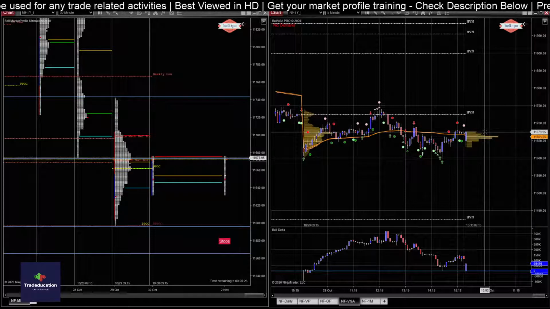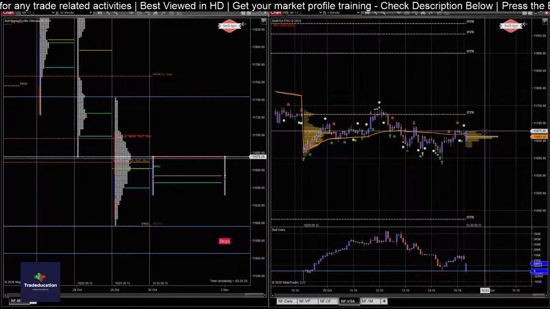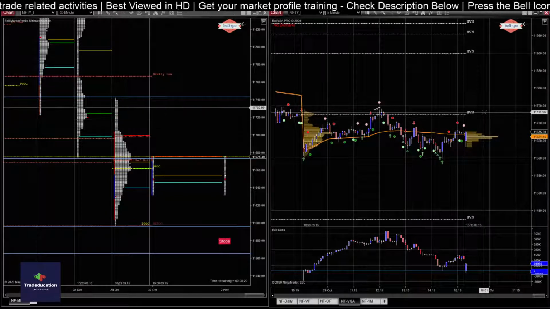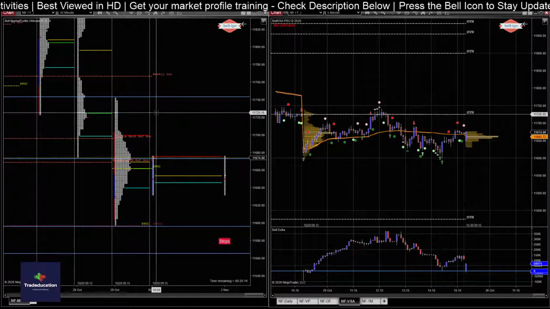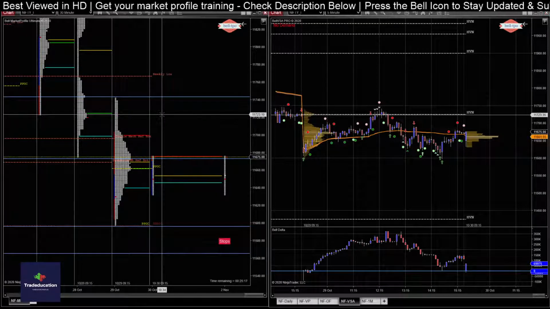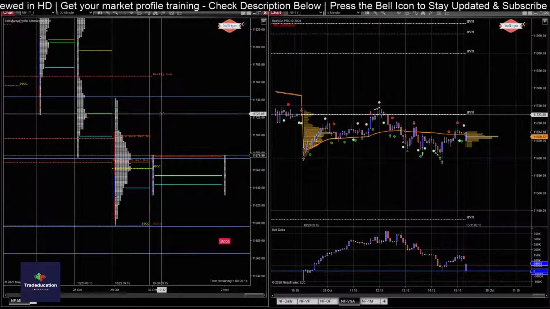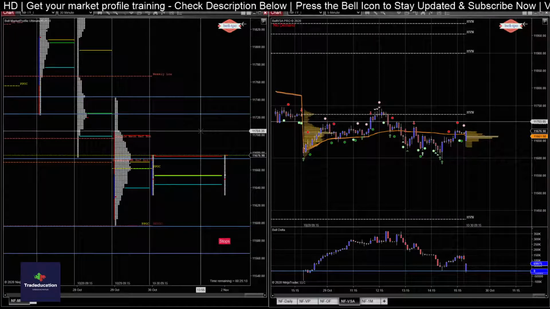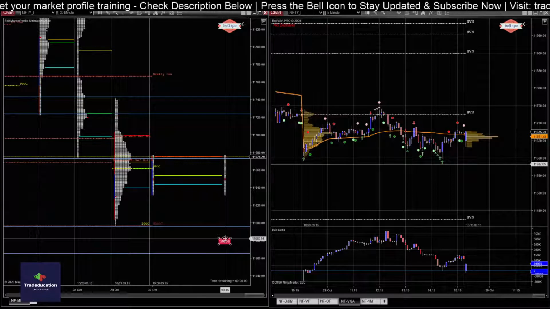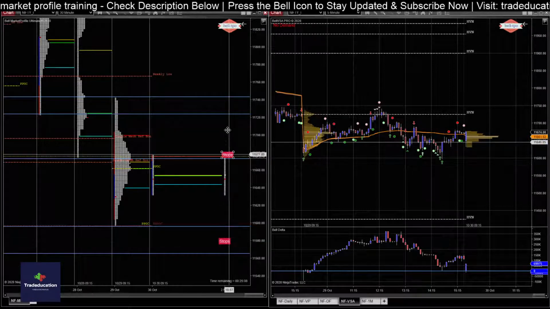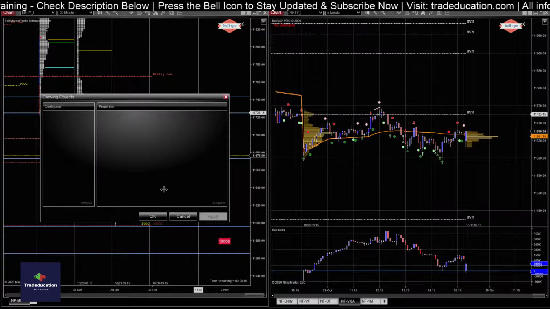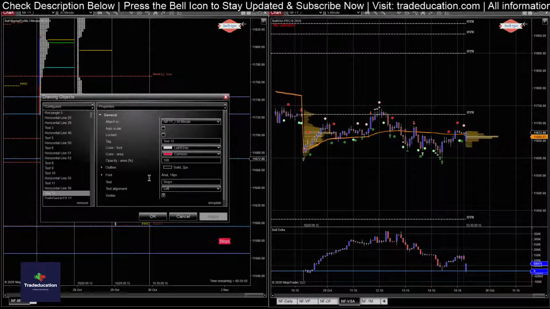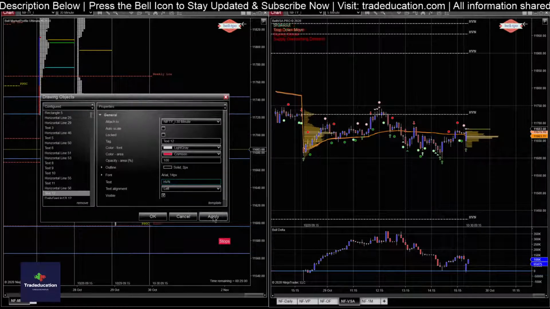There is also one more HVN here, that is the 11,723. So this is the POC of yesterday. So marking it as an HVN.